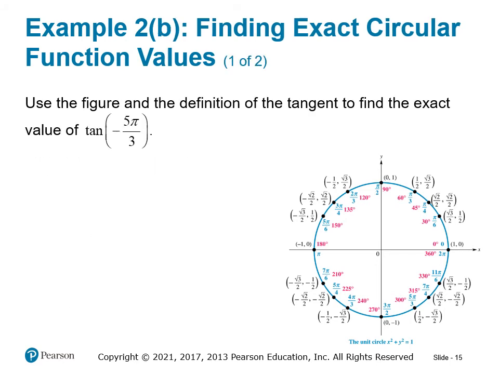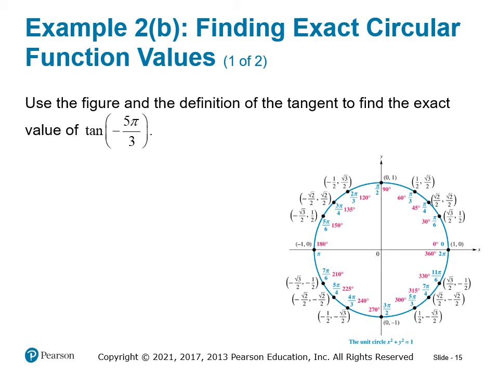Use the figure and the definition of the tangent to find the exact value of tangent. Remember, tangent is sine over cosine, so y over x. Here we're going in a negative direction, so we start on the x-axis and go clockwise. Negative 5 pi over 3 is almost all the way around, so 6 pi over 3 would be all the way around.